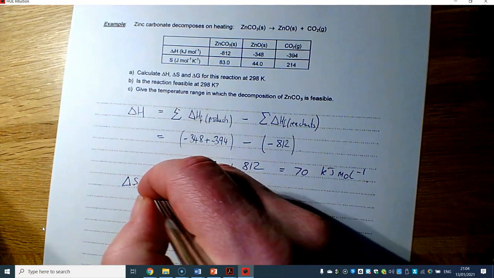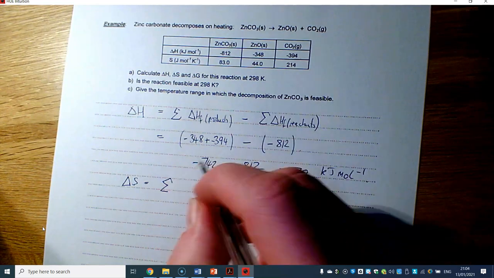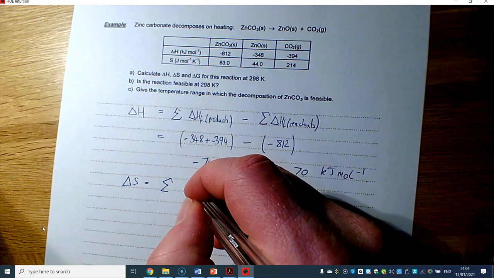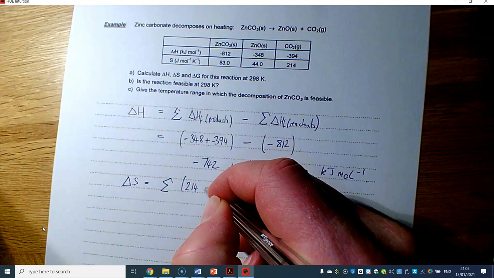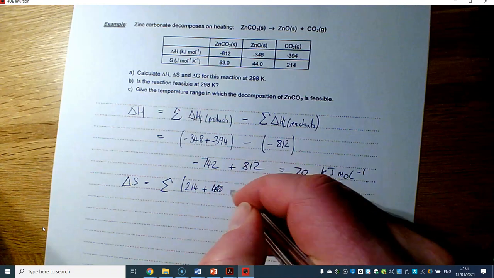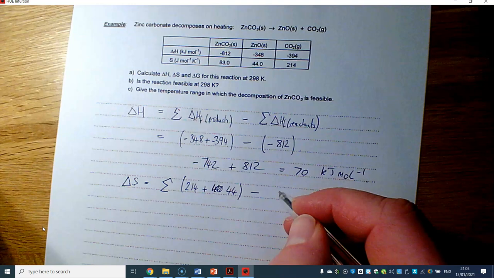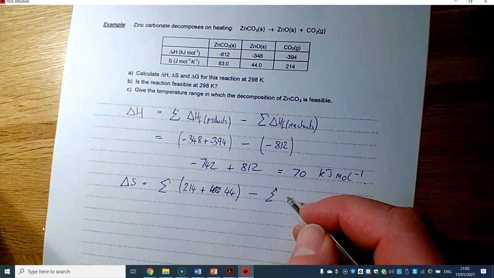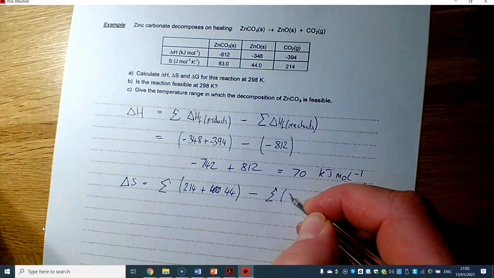So delta S over the system, this is the sum of the standard entropies of the products, again, just like you did before, which is 214 for carbon dioxide and 44 for zinc oxide. Take away the sum of the entropy of the reactants, which is just 83, isn't it?